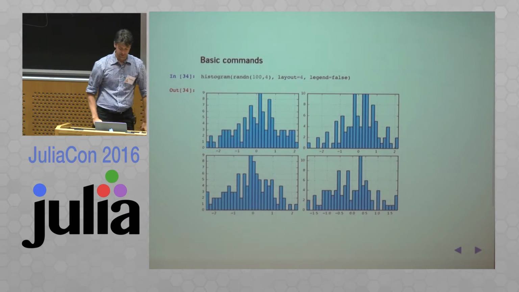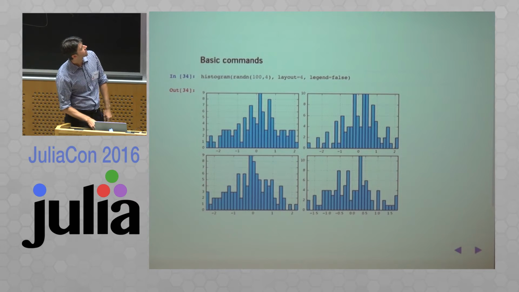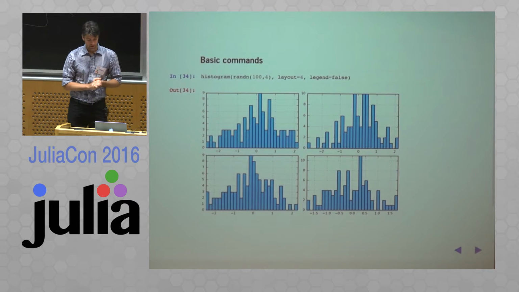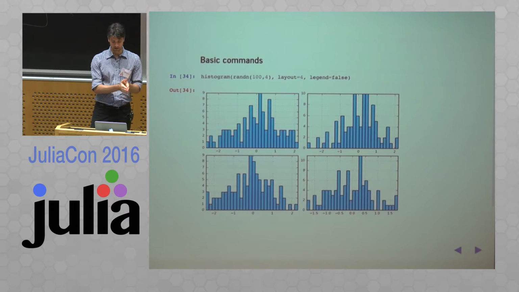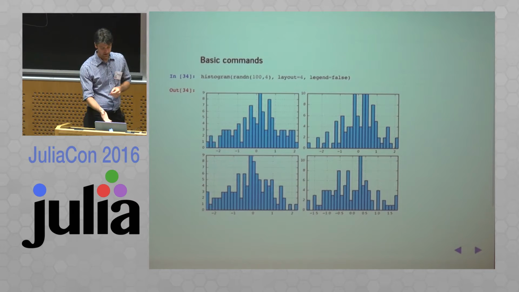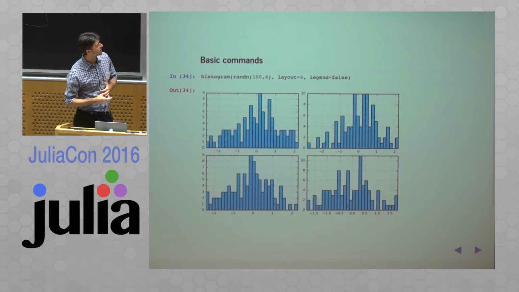So here's a very basic example to show a layout and subplots. Again, you have an input matrix, a 100 by 4 input matrix, that's going to be split among the columns, and setting the layout parameter is similar to using the layout macro and laying them out yourself.